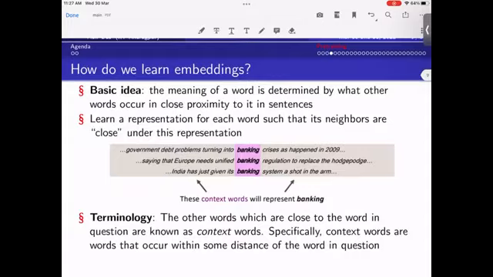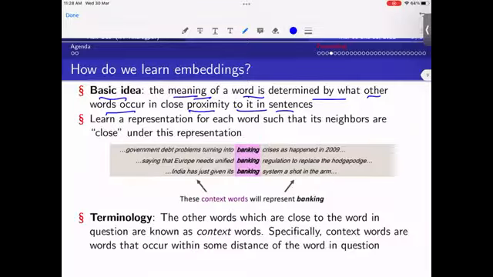Now, how do we learn these embeddings? So the basic idea is what we have been seeing repeatedly: the meaning of a word is determined by what other words occur in close proximity to it in sentences. We will build on this idea.